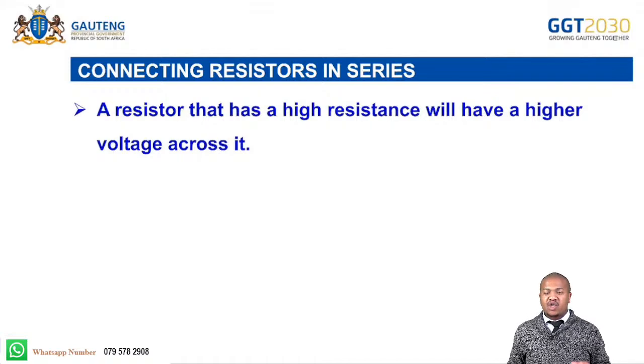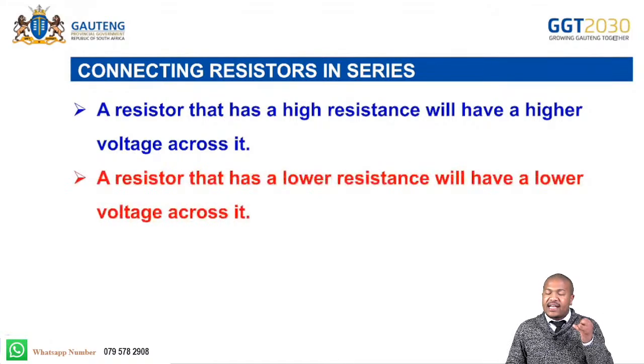Are we together? So a resistor that has a high resistance will have a higher voltage across it, right? So if it requires more energy to transfer the energy, it's going to use more voltage.